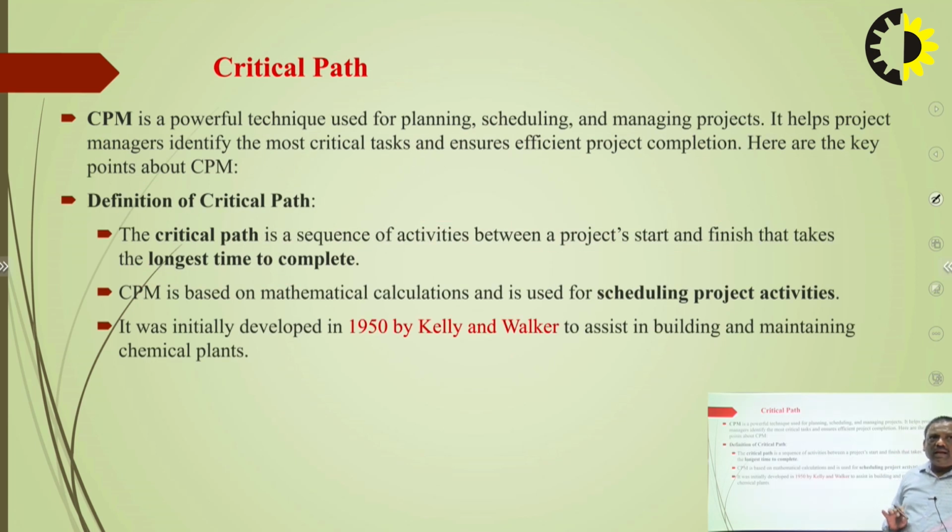Critical path is a powerful technique used for planning, scheduling and managing a project. The project manager identifies the most critical tasks and ensures efficient project completion. The critical path is the sequence of activities of a project, from start to finish, that takes the longest time to complete. This is a mathematical calculation used for scheduling a project, that is, for finding the time.